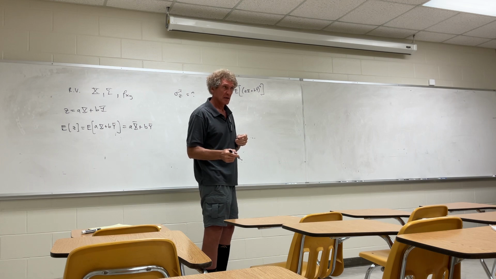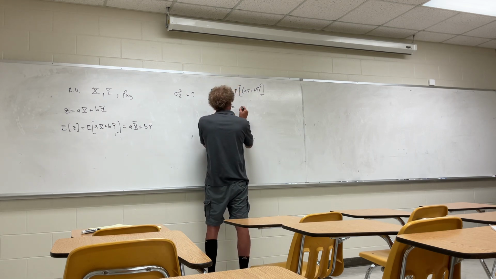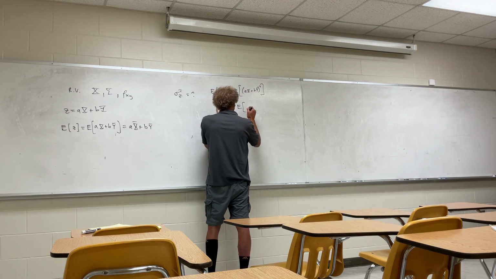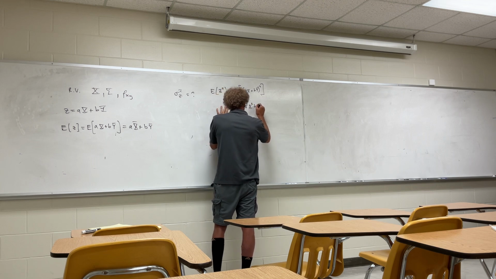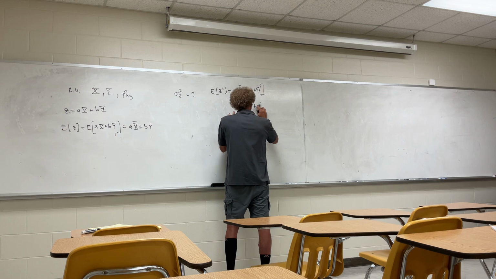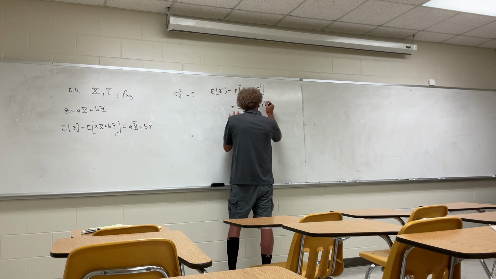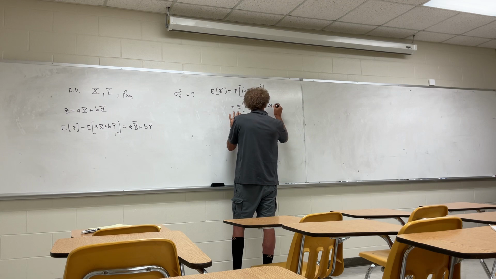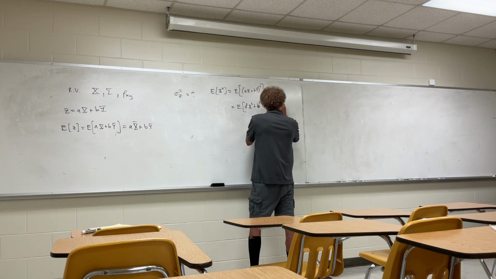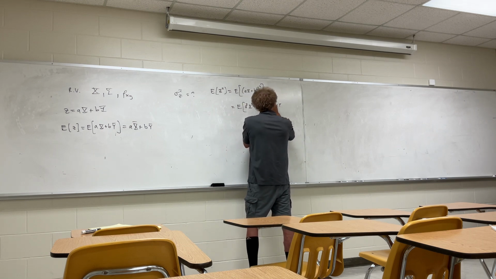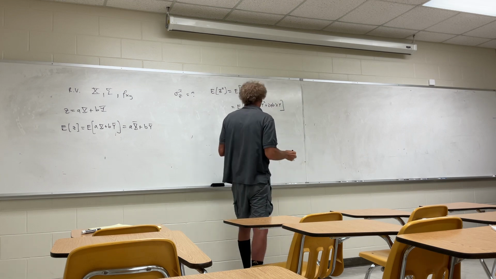Agreed, class? Now square it out, what do you get? It's equal to the expected value of a squared x squared plus b squared y squared plus 2ab times x times y. The only thing I did is multiply that out.